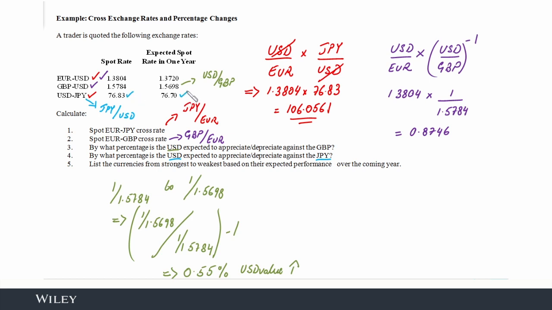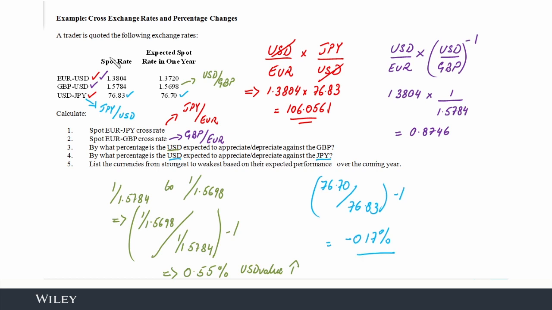Therefore, this is a pretty straightforward calculation. The change in the price of the dollar in terms of yen equals 76.70 divided by 76.83 minus 1, which gives you negative 0.17%. So the dollar is expected to depreciate versus the yen by 0.17%.